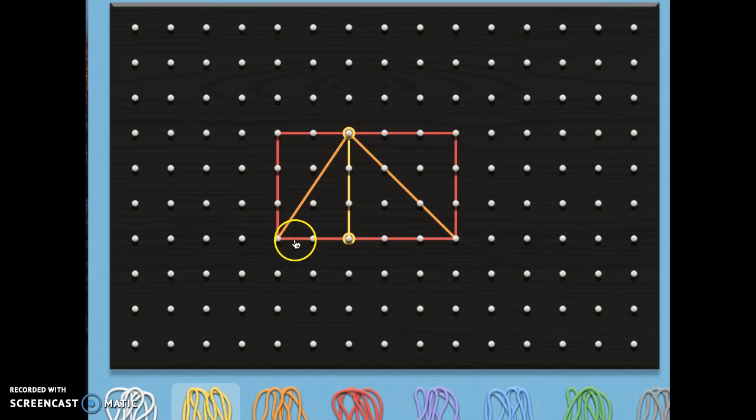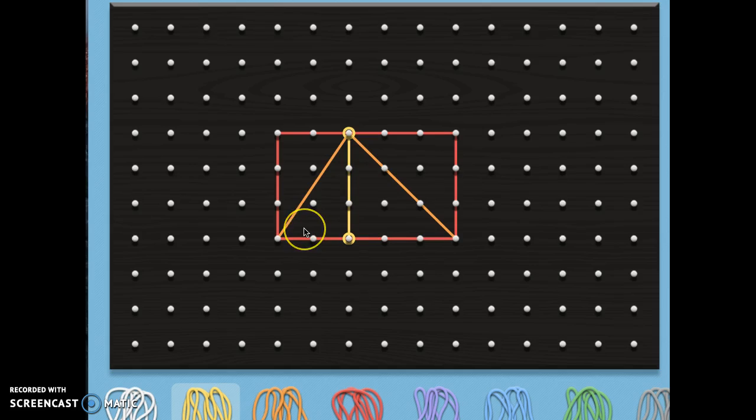However, if we count 1, 2, 3, 4, 5 by 1, 2, 3, 5 times 3 is 15. So 15, and then we see that this triangle is half of the area of the larger rectangle. So we have 15 divided by 2 is 7.5.